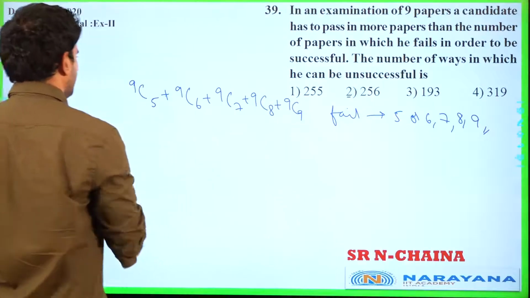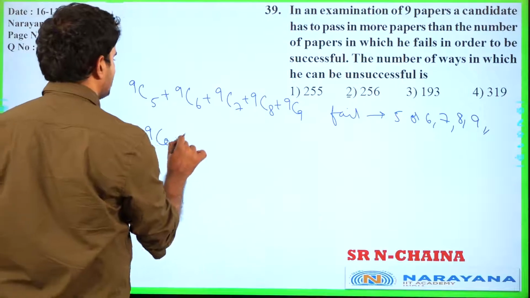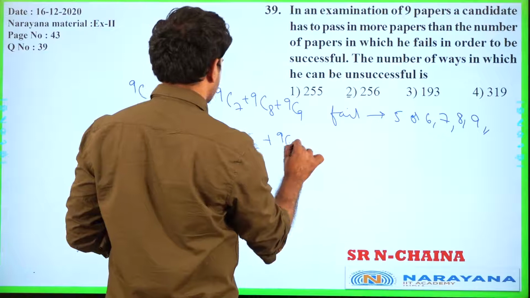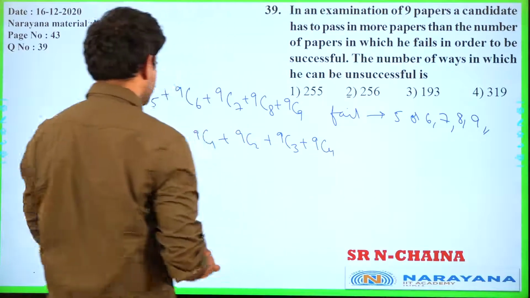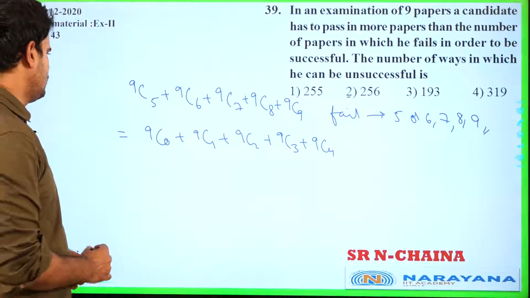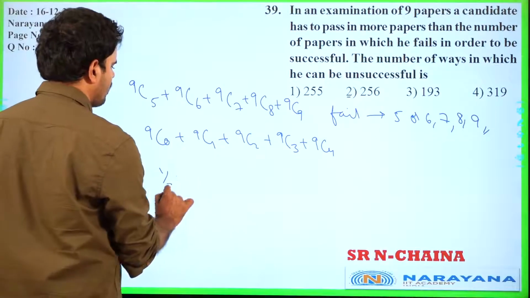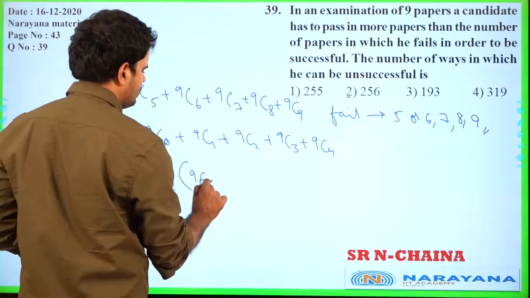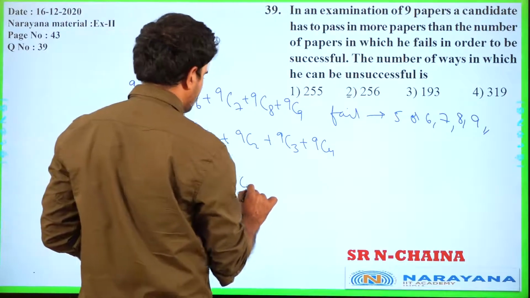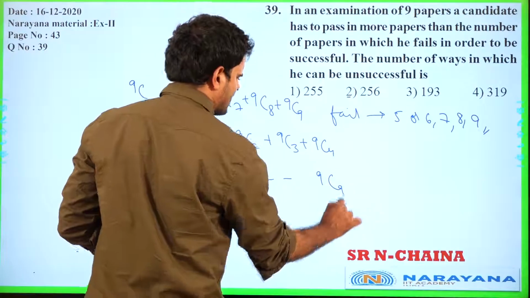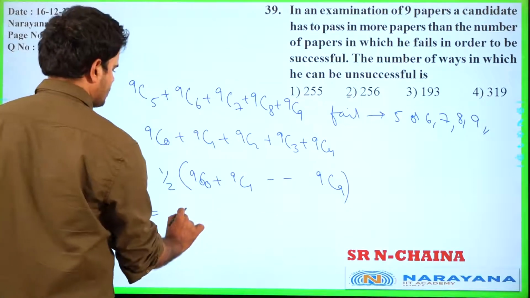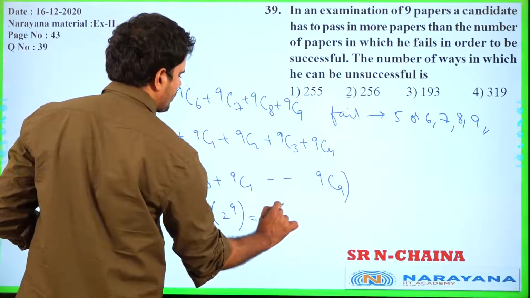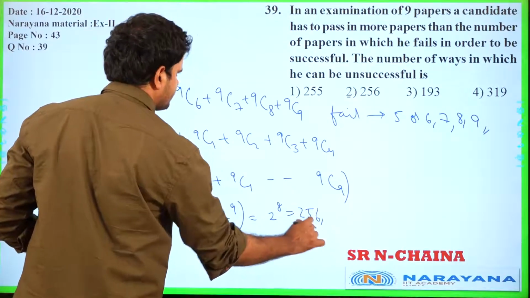This is the same as 9c0 plus 9c1 plus 9c2 plus 9c3 plus 9c4. This is exactly half of 9c0 plus 9c1 and so on up to 9c9. Exactly half of them. So what is the answer? It becomes half into 2 power 9, so it becomes 2 power 8. So it is 256.